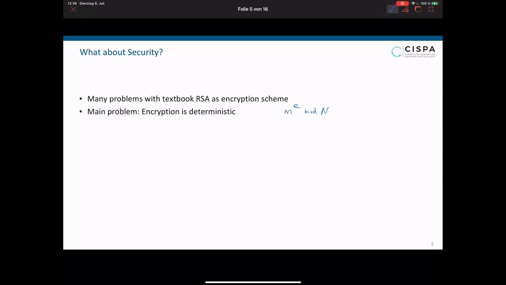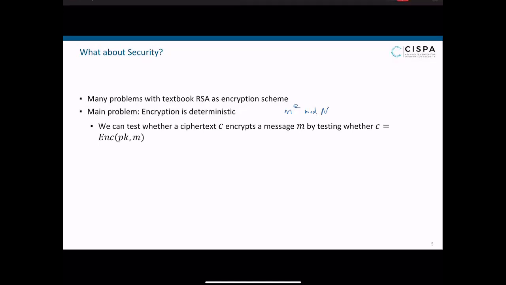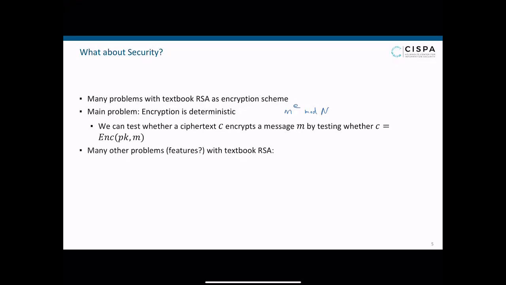So I can really be certain if a ciphertext encrypts a certain message, which is bad, which immediately contradicts CPA security. Good, yeah. This just says we can test whether a ciphertext encrypts a message m by re-encrypting.